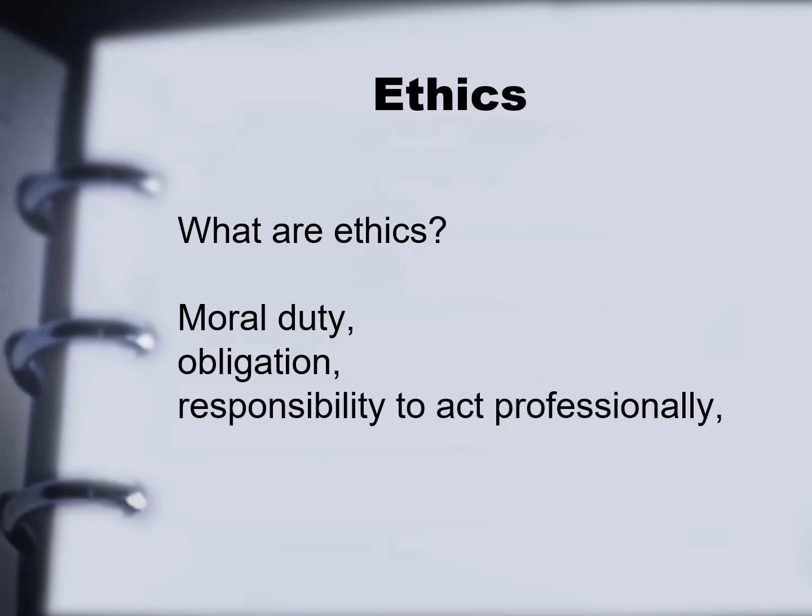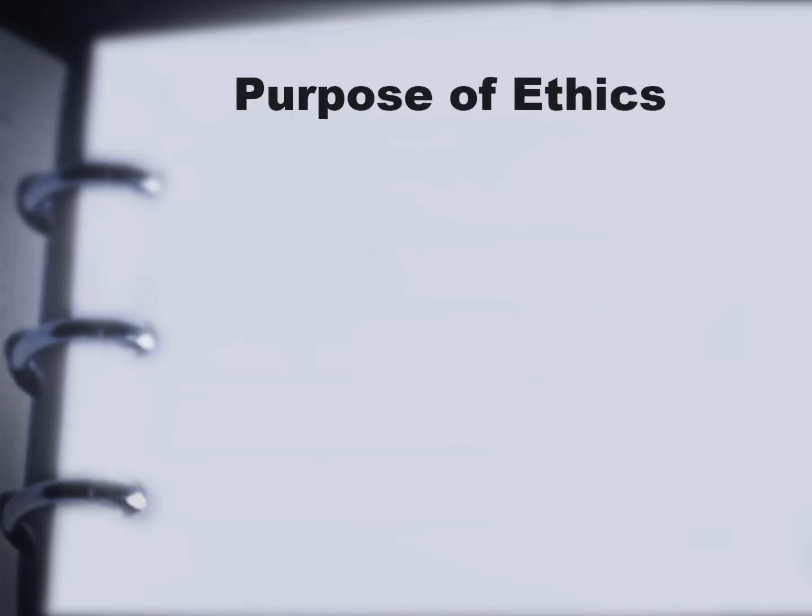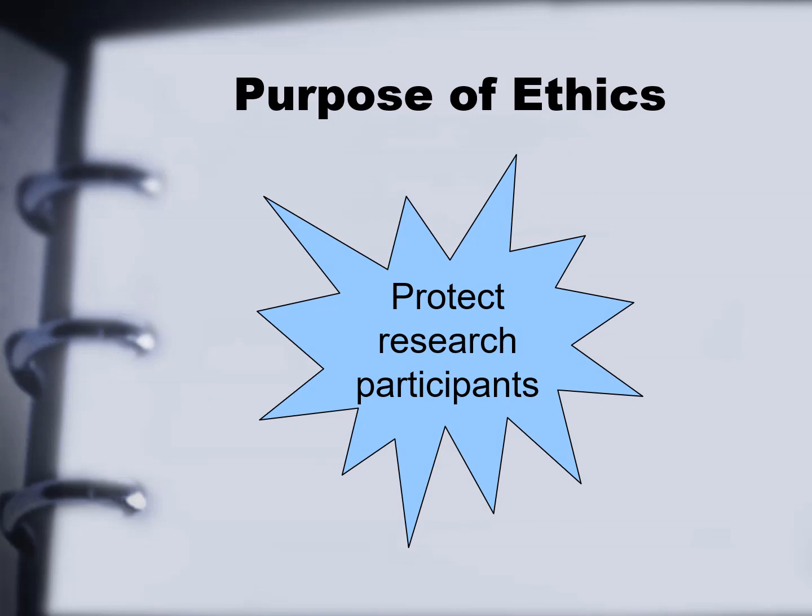The way I like to think about it is that they help tell us what's right versus wrong. What's the correct behavior, the behavior that's not going to be harmful, versus the incorrect behavior or behavior that might cause harm. The purpose of having any code of ethics is to protect people. In the case of research, it's to protect research participants.